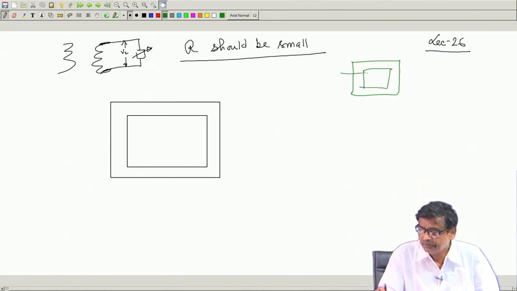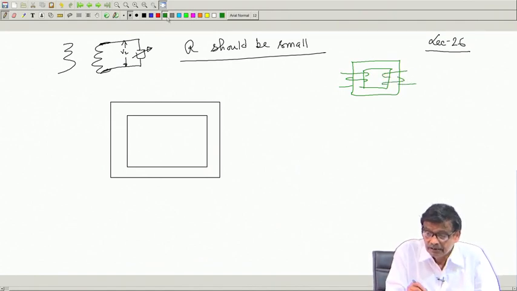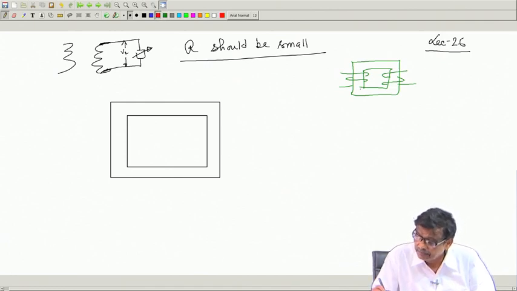This is, suppose, the one winding primary I drew while we started discussing. Then I told you there will be flux, mutual flux, which links both the primary and secondary. This is the mutual flux, phi mutual, and there will be leakage flux, which will be linking only primary or only secondary.